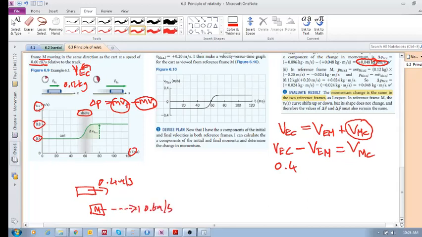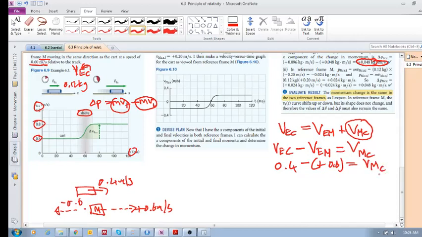So it's plus. So I need to minus plus 0.6. Does that make sense? Because if it was going in that direction at minus 0.6, then I would go minus minus 0.6.